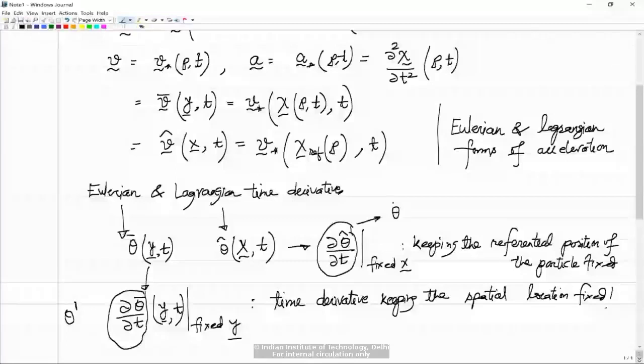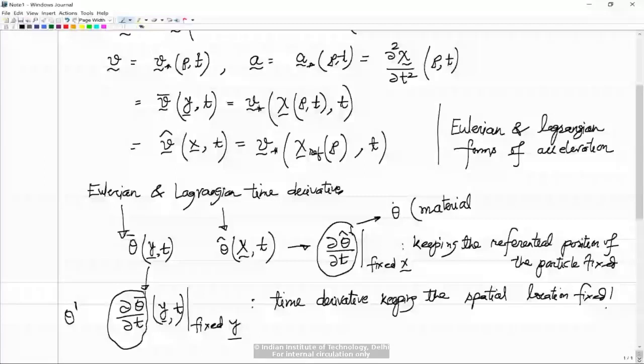Okay? And this is also called material time derivative, because you can see that when you're keeping the reference position of the particle fixed, this automatically implies that you are also fixing the particle, because at a given reference position, you have a unique particle.